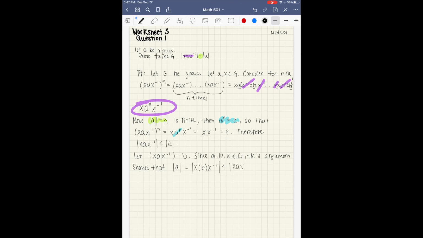So that makes that a subset of the order of XA, X inverse. Since we have it going both ways of subsets, we know that the order of element XA, X inverse is equal to the order of element A.